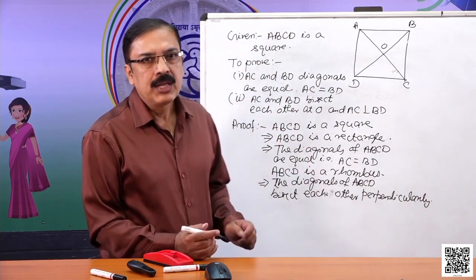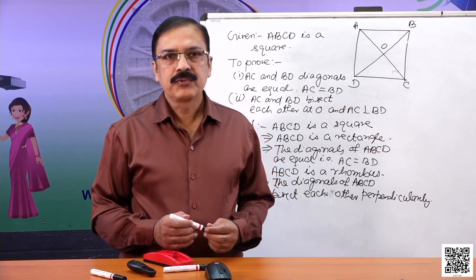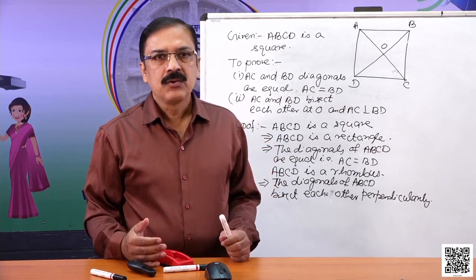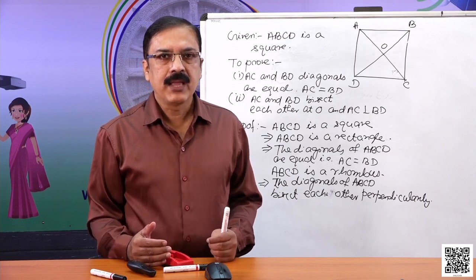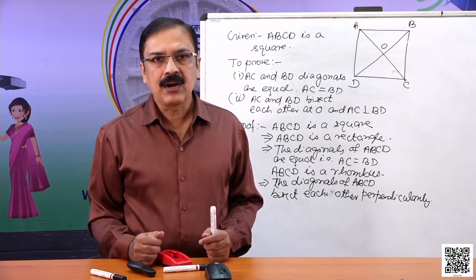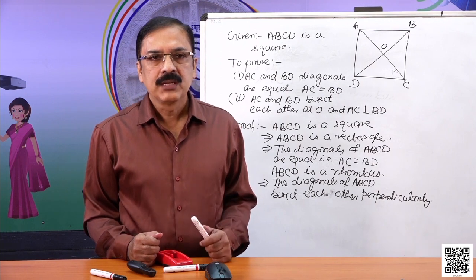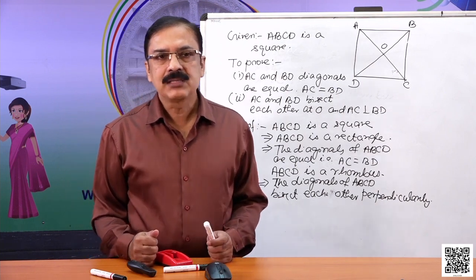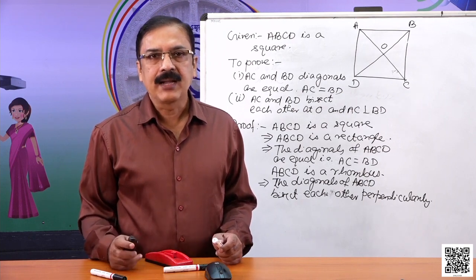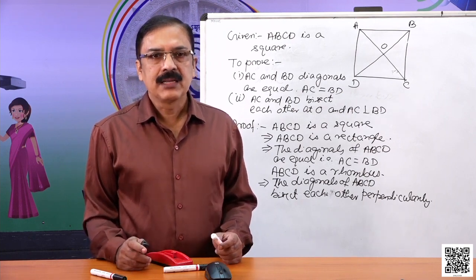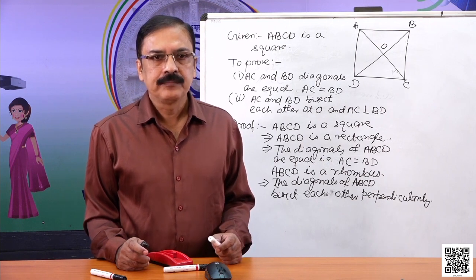So by using the properties of a square, that it is both a rectangle and a rhombus, we can prove this statement that the diagonals of a square are equal and bisect each other at right angles. Now let's have another question.